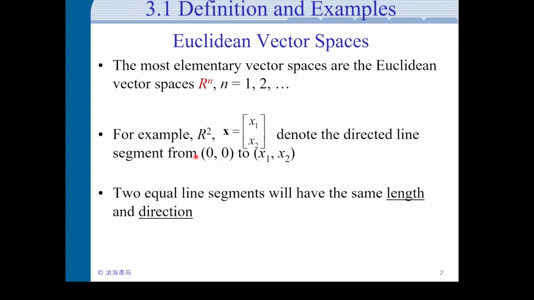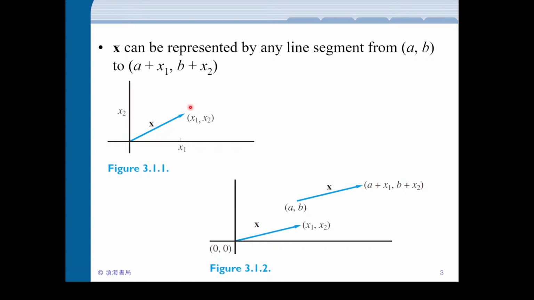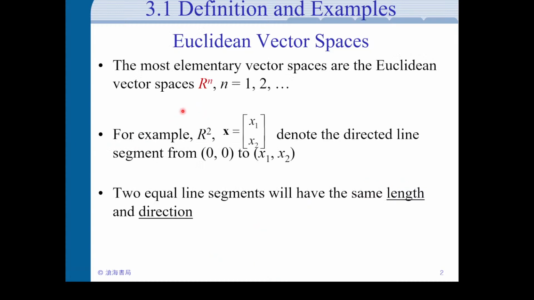For example, R2 is a space of two-dimensional vectors x1 and x2. This two-dimensional vector can mean a line segment from 0, 0 to 1, 2, like this.